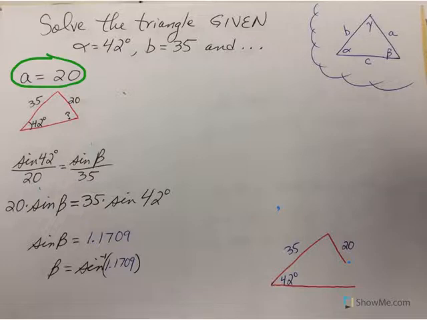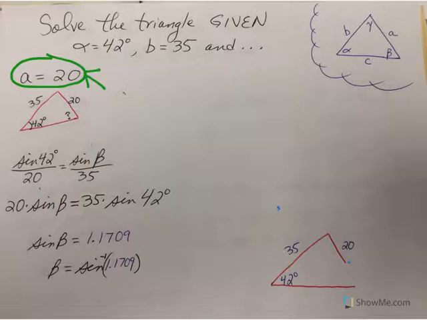In this example, A is 20. In the second example, A will be 30, and in the third example, A will be equal to 40. You will see that depending upon the length of this A value, it's going to change whether you have 0, 1, or 2 solutions.